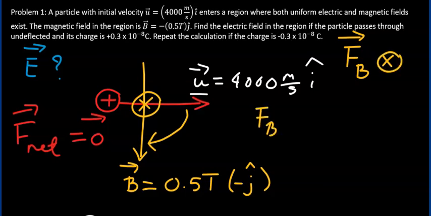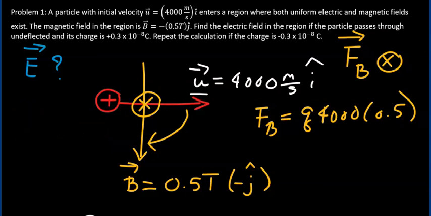And the magnitude of that magnetic force is quite simply the charge times the speed times the magnitude of the magnetic field. Note the angle between u and B is 90 degrees, so sine 90 is 1. What that means is, for the net force to be 0, the electric force must be coming out of the plane. That's represented by this dot.